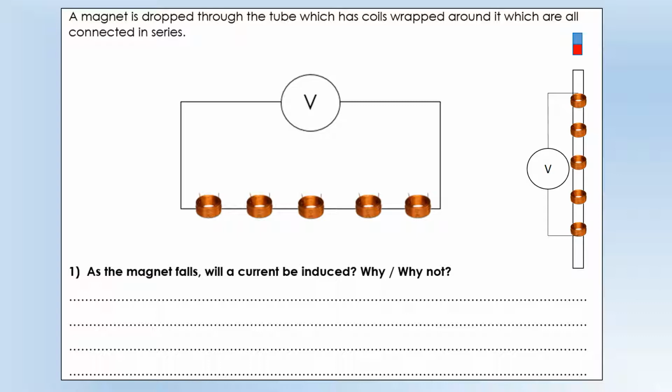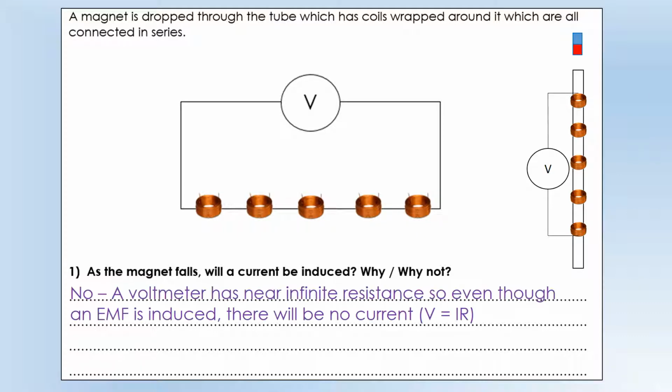The first question is, as the magnet falls, will a current be induced? The answer to that question is no. The reason is because a voltmeter has near infinite resistance. In reality, we're talking hundreds of mega ohms, so millions or billions of ohms of resistance. Very, very high resistance.